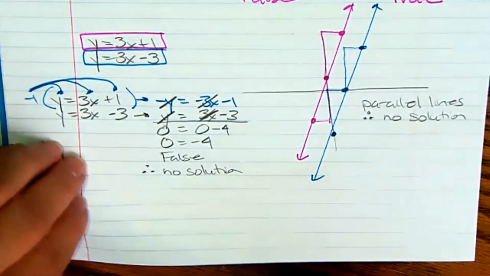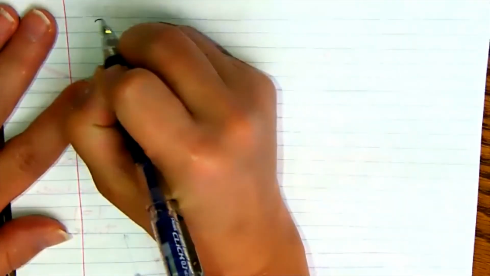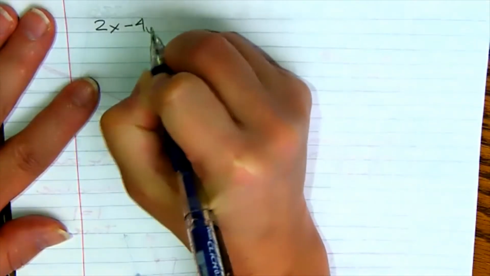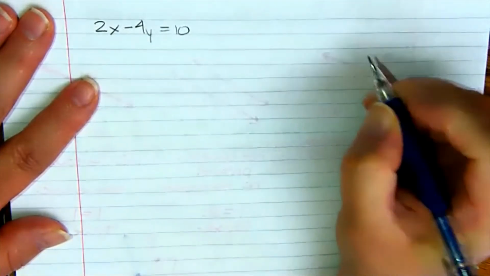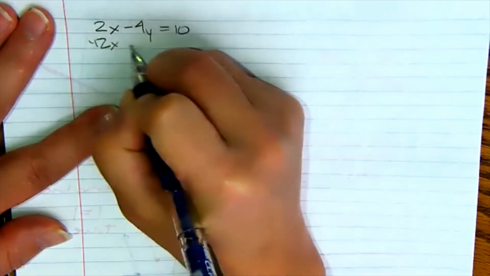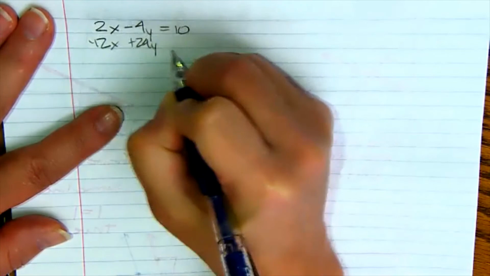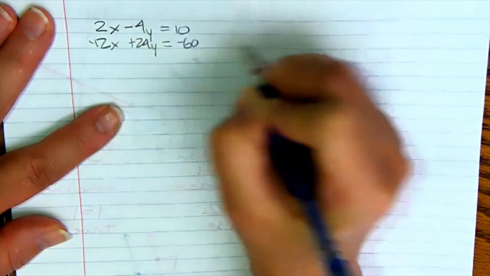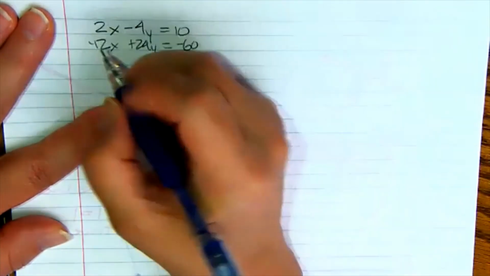Okay, let's take a look at another one. Okay, so the book has given us this system of equations. 2x minus 4y equals 10, and -12x plus 24y equals -60.